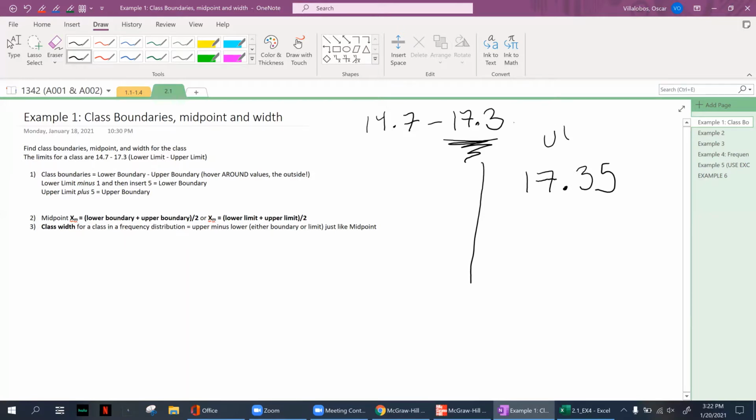This part here was my upper boundary. And for the left part, for this 14.7, it's a two-stepper. We focus on the last digit, that 7, and subtract a 1 from it. So this gives me 14.6. Then what do I attach at the end of it? A 5. Very nice.